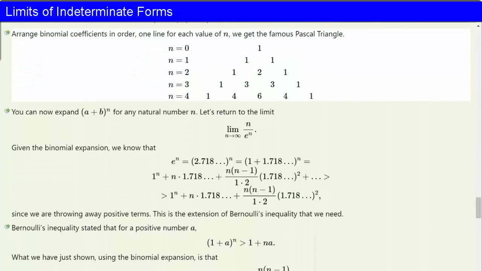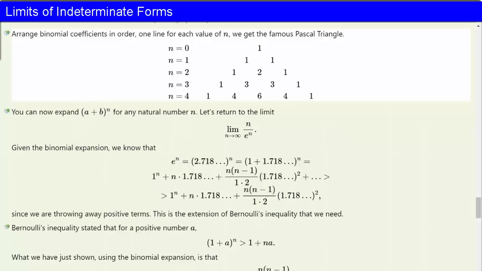If we arrange the binomial coefficients in order, one line for each value of n, we get the famous Pascal triangle, which exhibits them. Just to put a proper vertex at the top of the triangle, it is customary to have a row for n equals 0 with binomial coefficient 1.